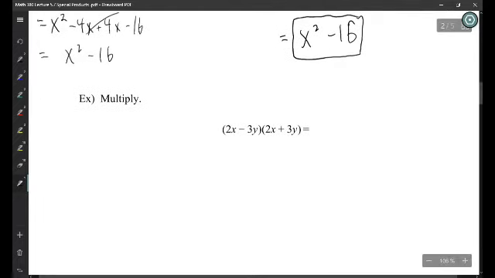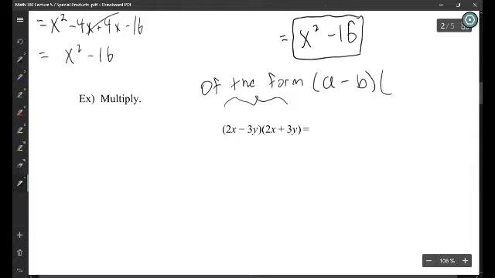All right, so multiply. So notice this is of the form something minus something, and then the same thing here, but it's plus as the operation, and then the same term here.